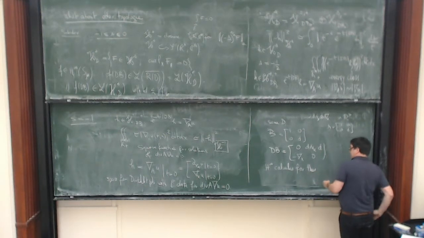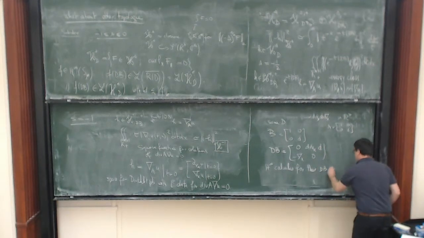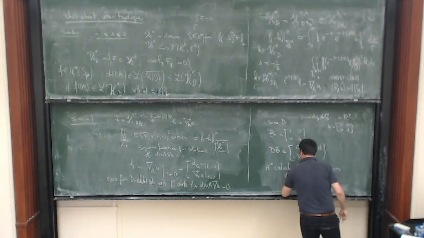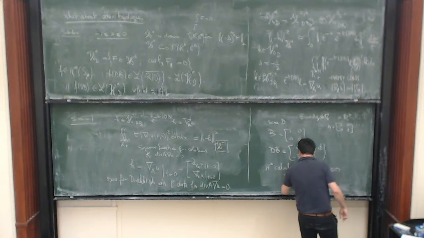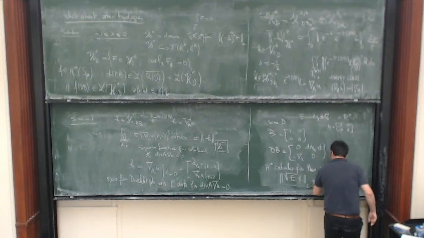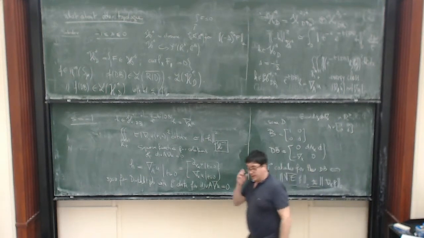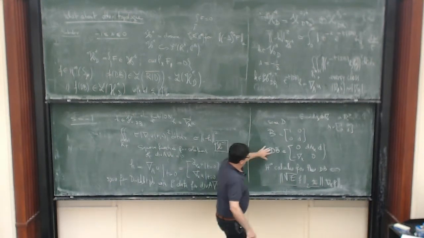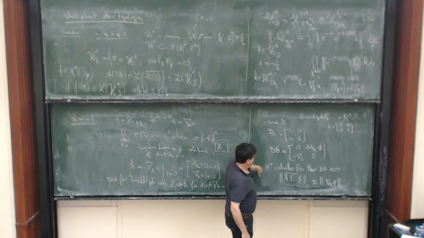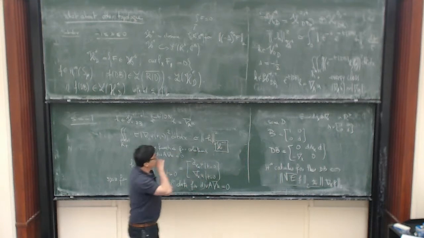The H infinity calculus for this dB is equivalent to having the square root of E, this operator, applied to F in L2 equivalent to grad X F. So in this particular case of this B, the H infinity calculus for this dB is equivalent to the square root estimate for this E over there.